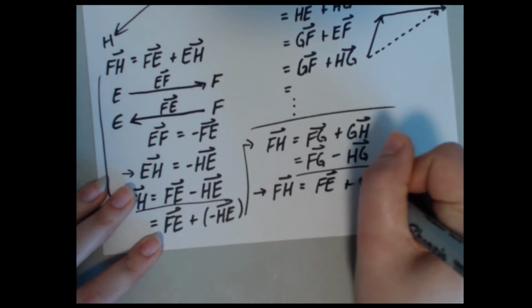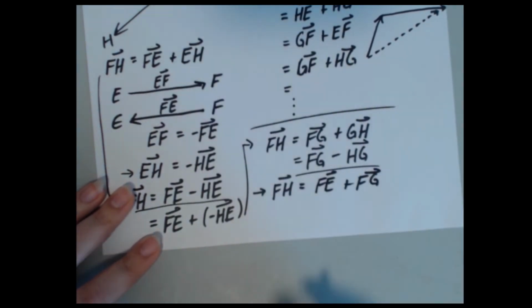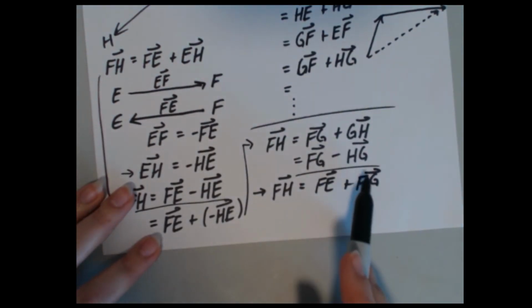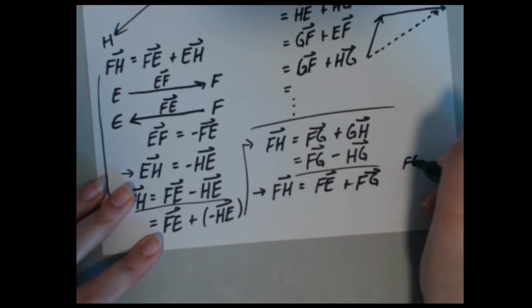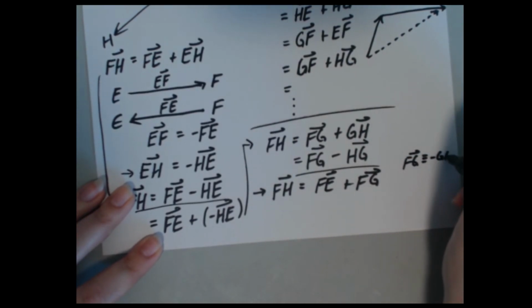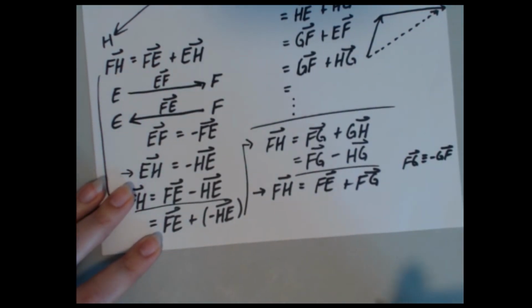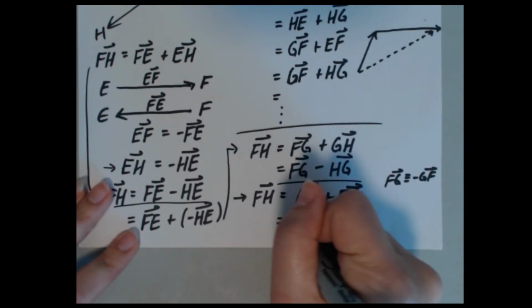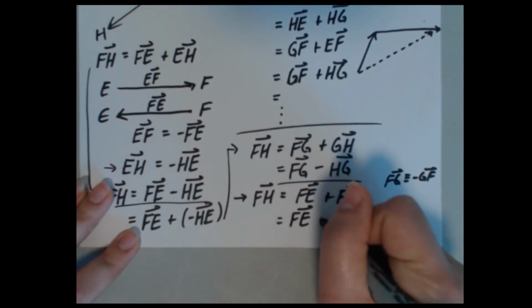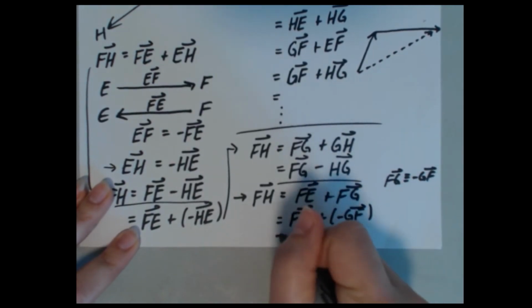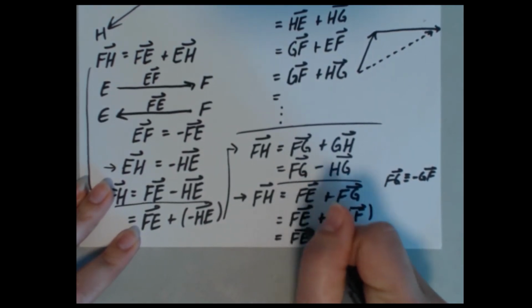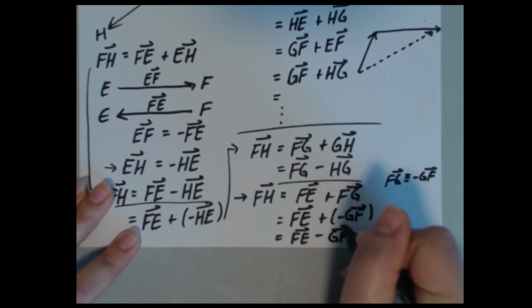All right, so that means what I have here is FE plus FG. Now again, we're going to get the opposite vector here, so instead of FG, I'm going to have GF. But I know that FG is equivalent to negative GF. That's going to be my connection here. All right, so FE plus negative GF, which is the same thing as FE minus GF.